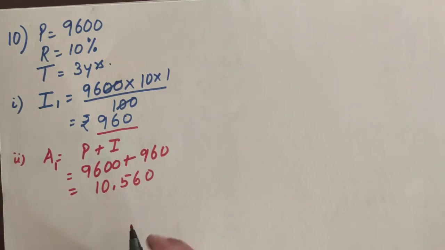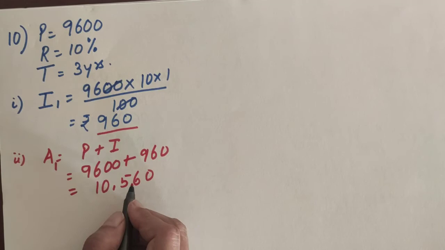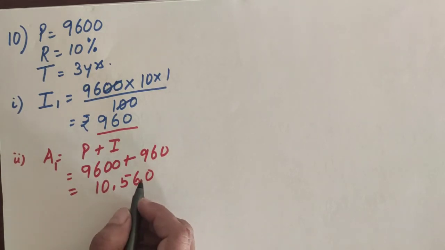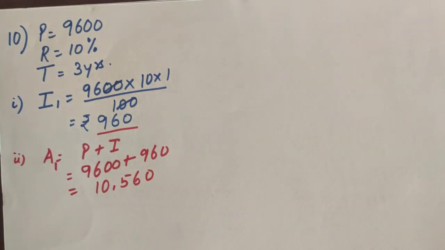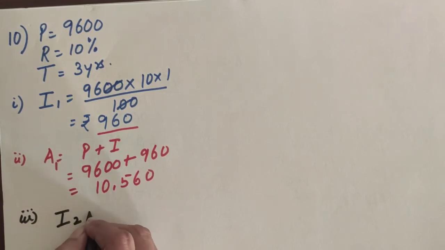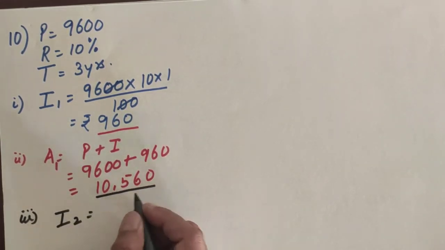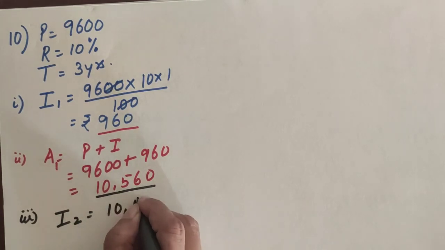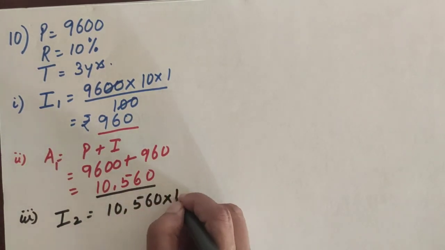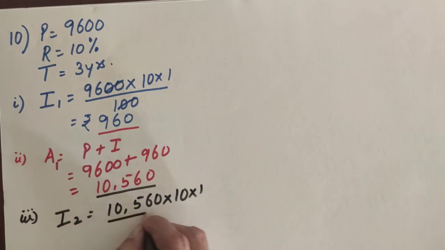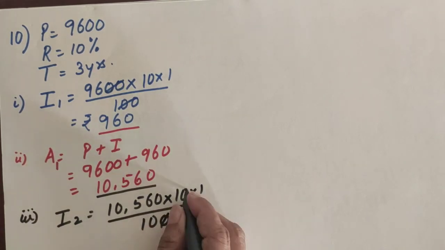Now interest for the second year. If this is the amount at the end of the first year, this will be used as the principal for the second year when we are calculating the interest. So the interest for the second year will be calculated using this principal, which is 10,560 into 10 into 1 upon 100.